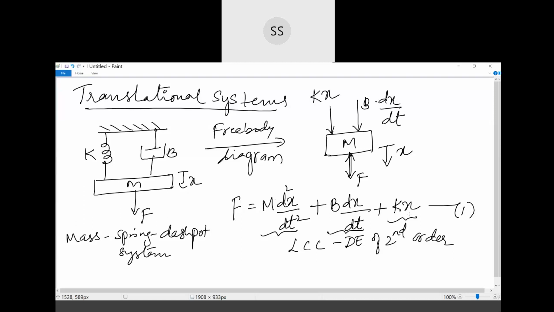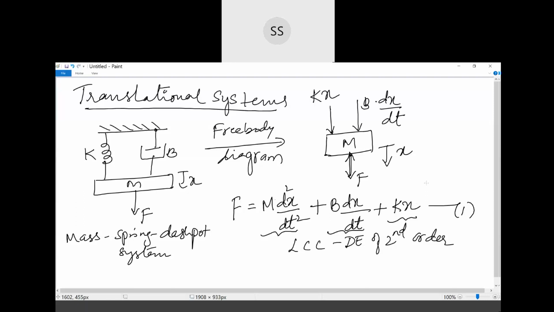Similarly, when there is a single damper or friction element, the force equation will be b into dx by dt, assuming that only one side is displaced. Similarly, when we have a single spring which is displaced at only one end, its force balance equation will be F equal to K into X. Those were for the individual elements.